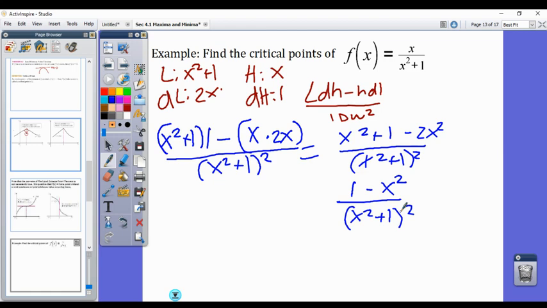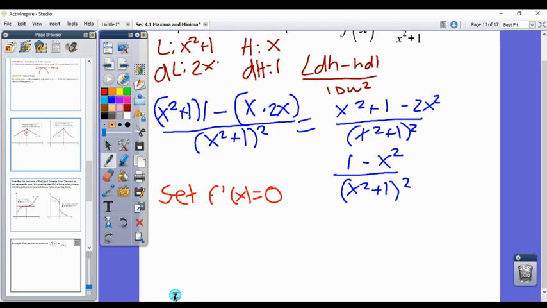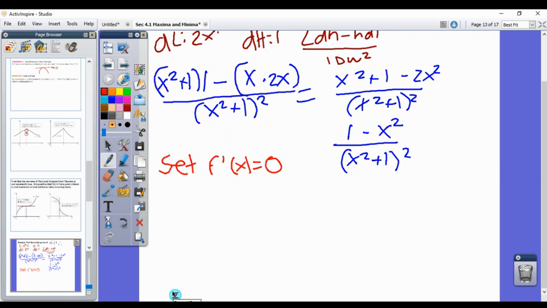So what we're going to do now is set this derivative equal to 0. Okay, so let me give myself a little bit more room. 1 minus x squared.